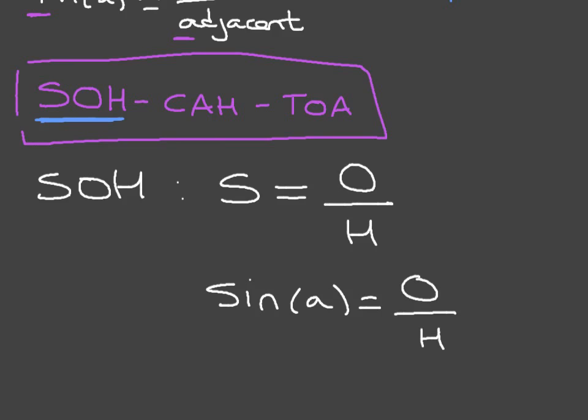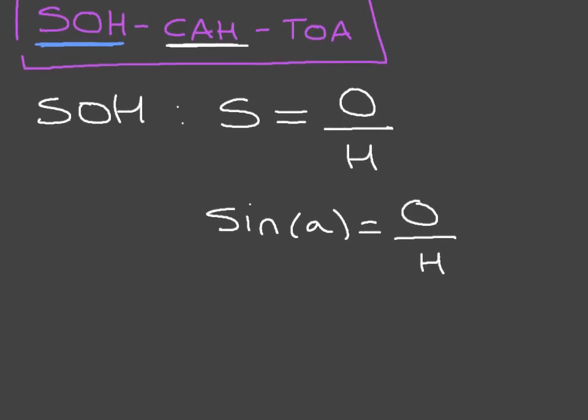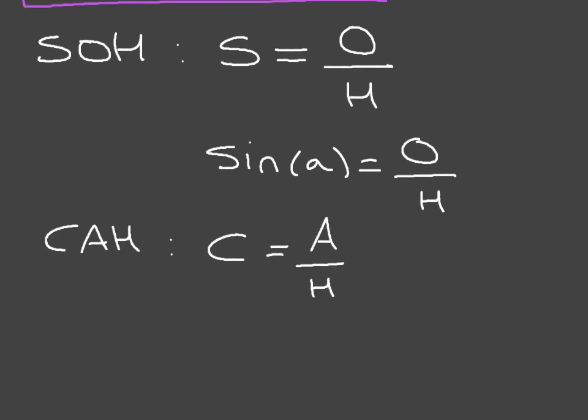Similarly, when I look at CAH, this tells me to calculate C, which is the cosine of an angle A, is equal to the second letter A divided by the third letter H. And so we can write cosine of any angle A is equal to adjacent divided by hypotenuse.